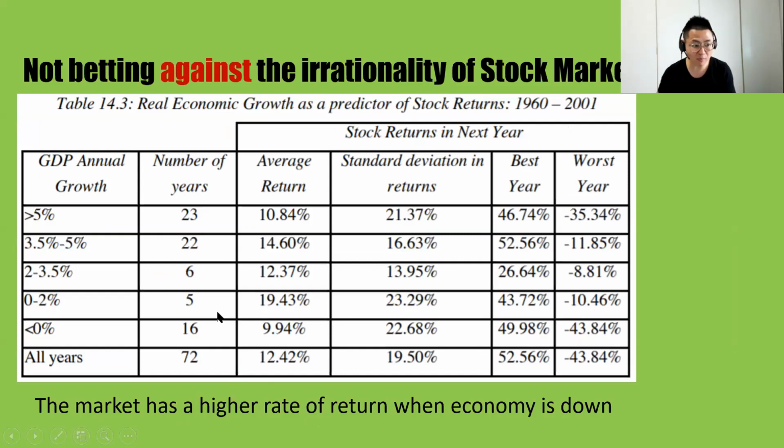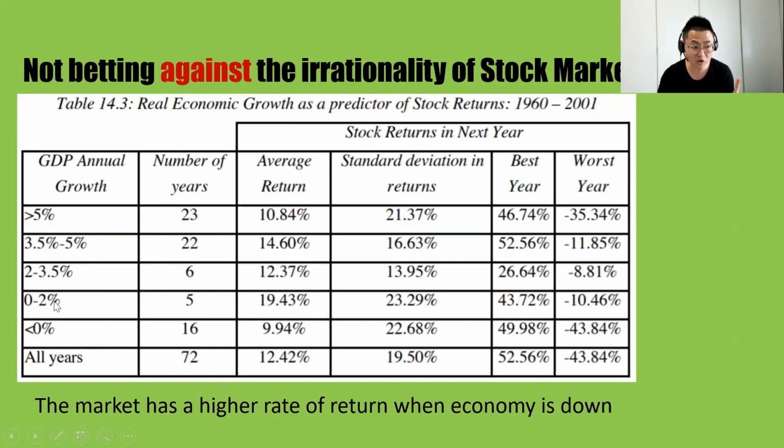And the next thing is this. If you look at the economy, when the economy is doing well, does it mean that the market will go up? When the economy is not doing well, does it mean that the market will not go up? If you look at the GDP growth, when the GDP is more than 5%, the average stock return is about 10%. When the GDP is between 3.5 to 5%, the average stock return is actually higher than when the GDP is doing well.